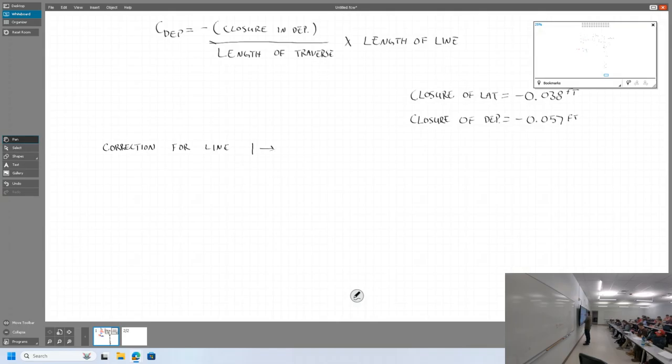Line 1 to 2. Again, using our formula that we just broke down: negative 0.038 over our traverse perimeter at 3,959.51, times what is our length of line for 1 to 2?